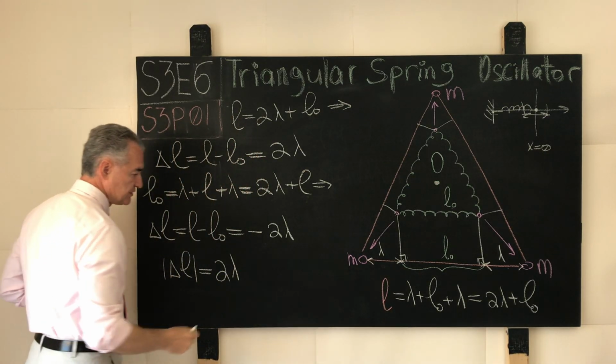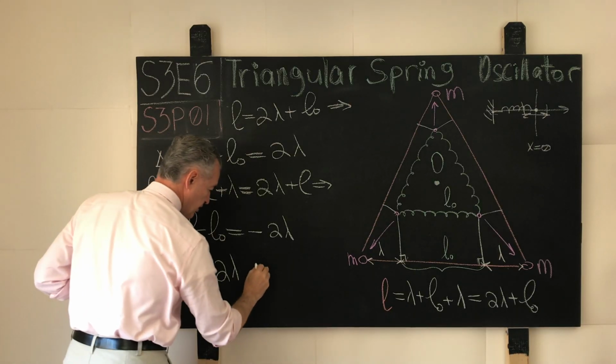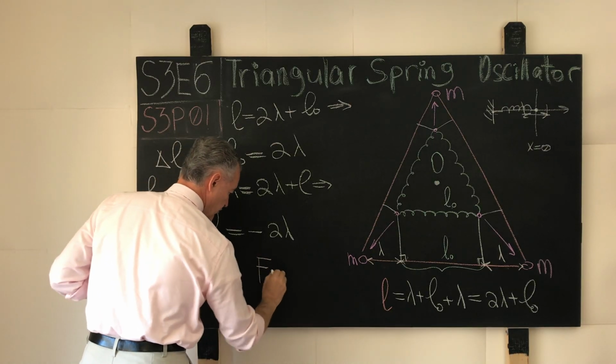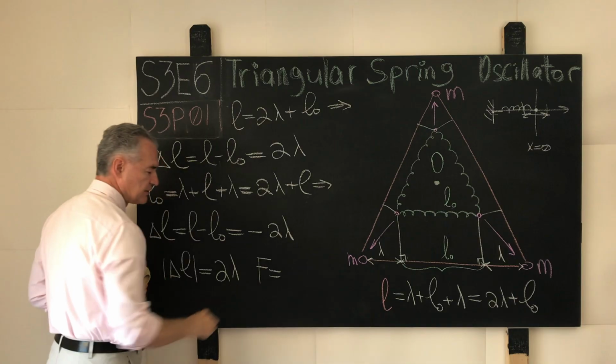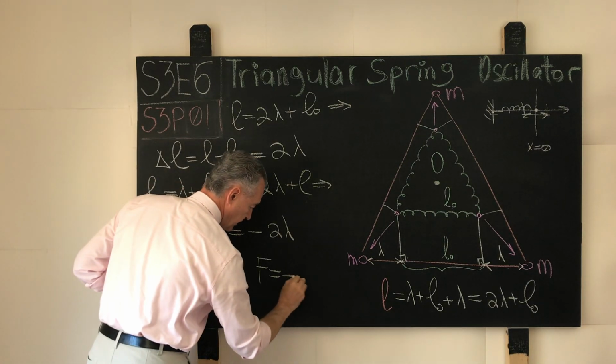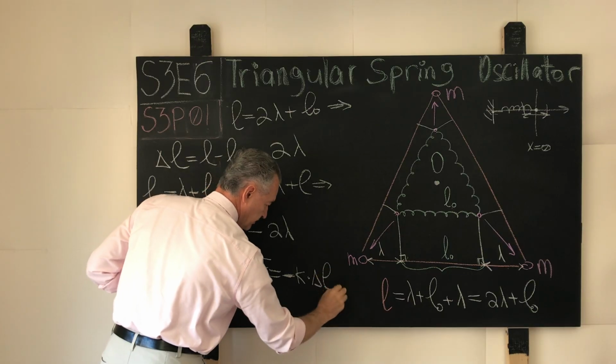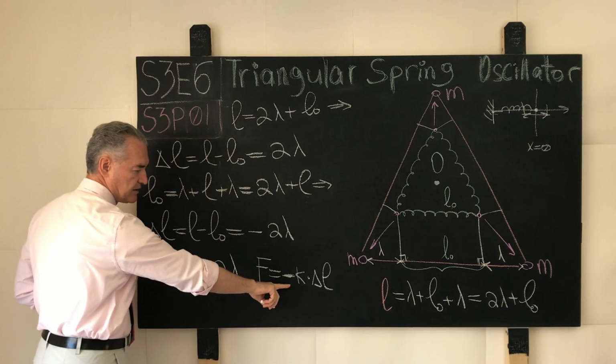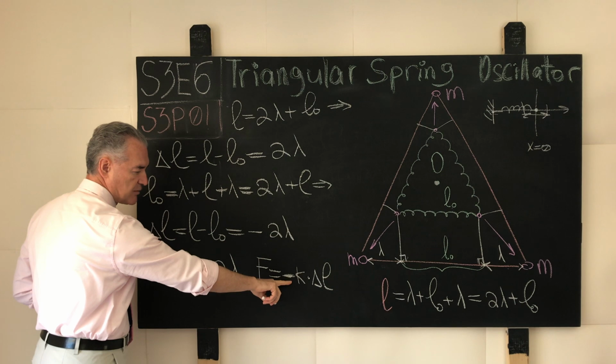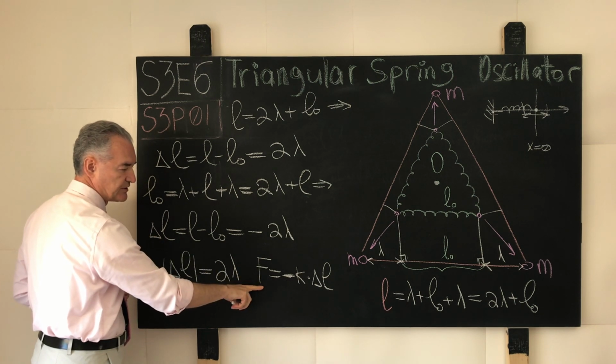And what is the expression for that force? For that force, technically we will write it with the negative sign, k times delta L, and the negative sign over here exactly captures the fact that this force is restoring.